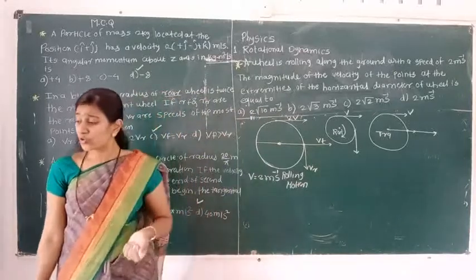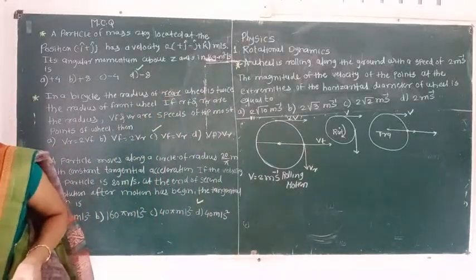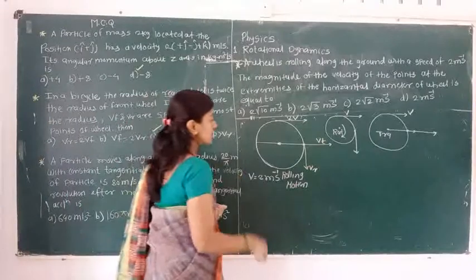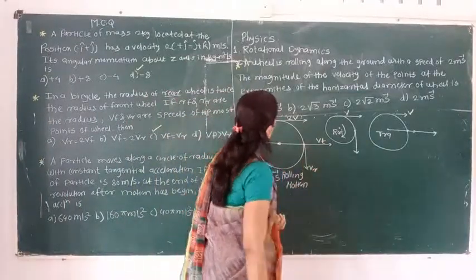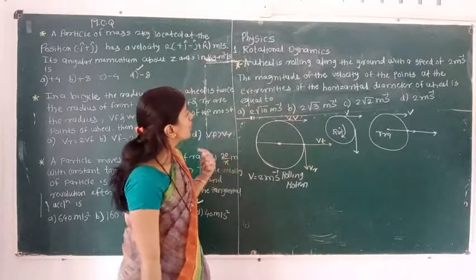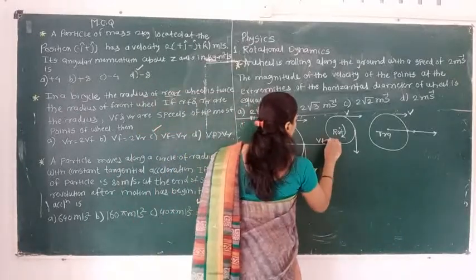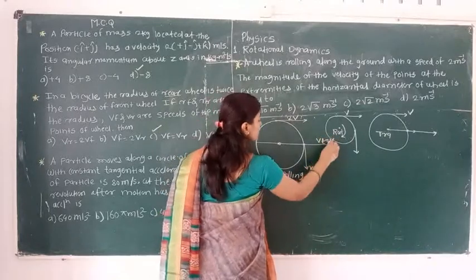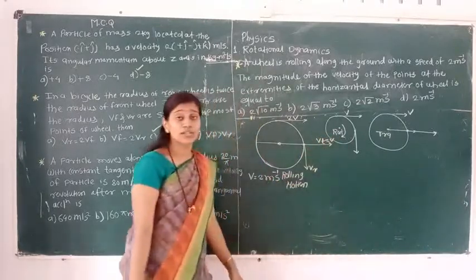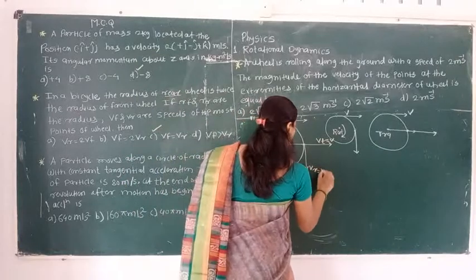We know in rotational motion, the direction of velocity changes every time. So here we have to find the velocity. The velocity due to translatory motion is v, in this direction, and the velocity due to rotatory motion is also v.